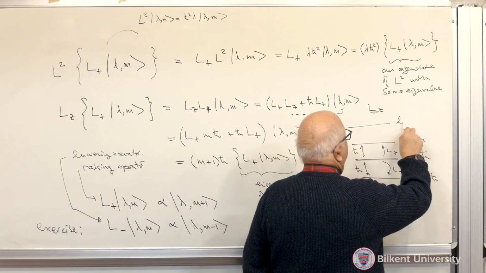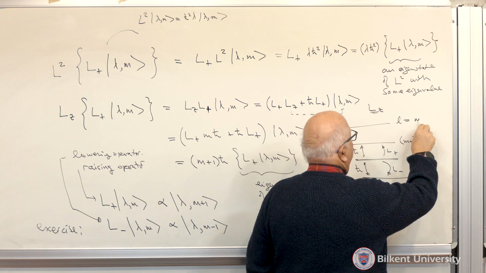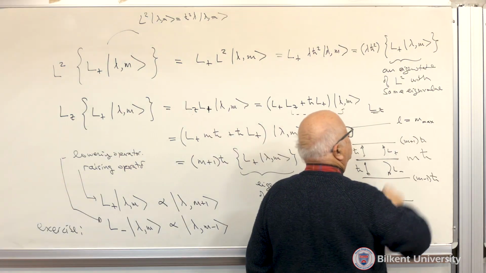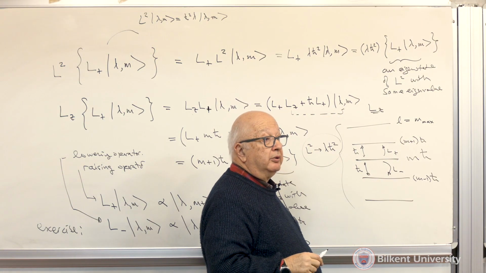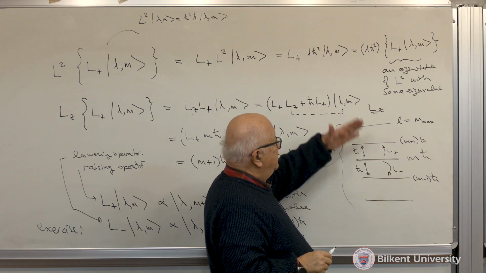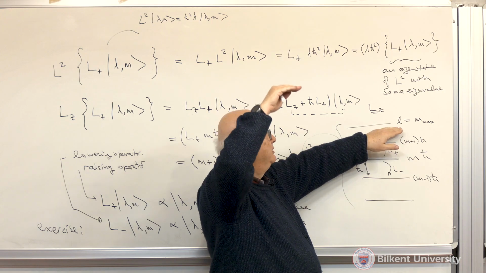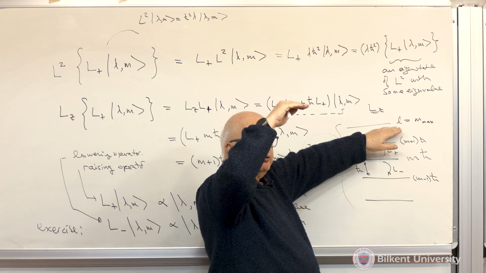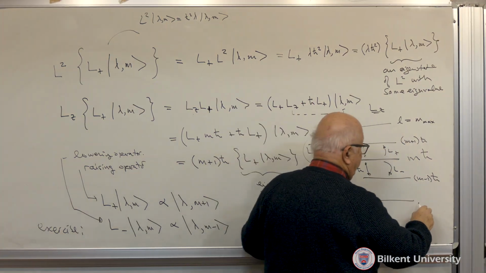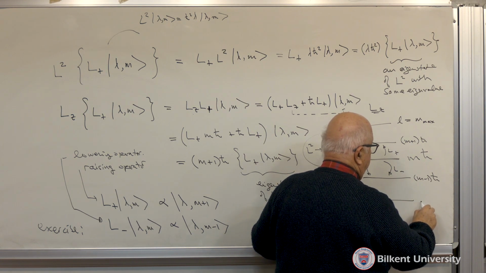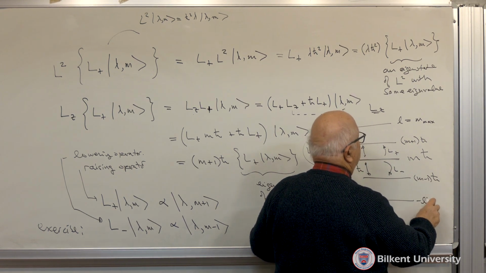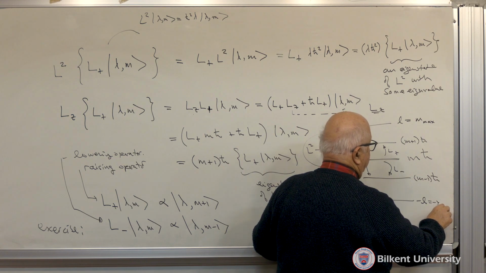Let's call it small l, m max. But from symmetry, if it has some absolute maximum at a plus value, it must have the same value at minus, so it's going to be minus l, equal to minus m max.